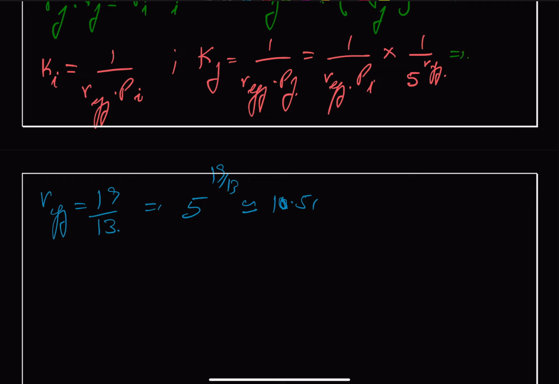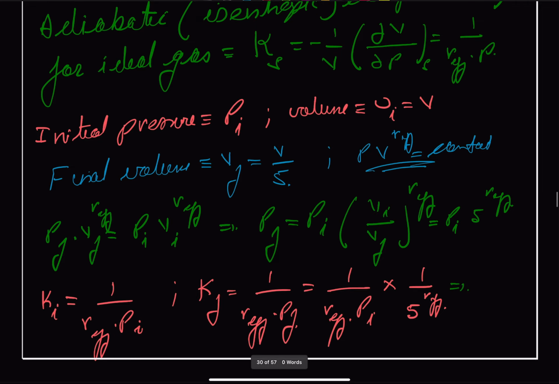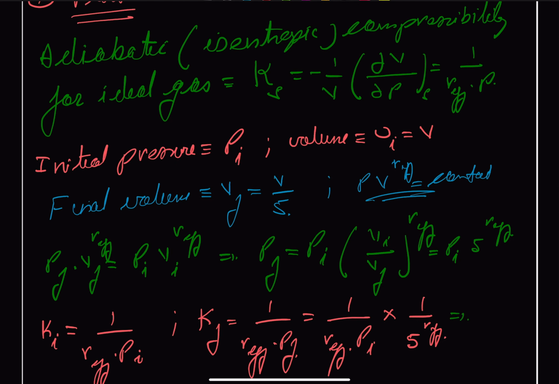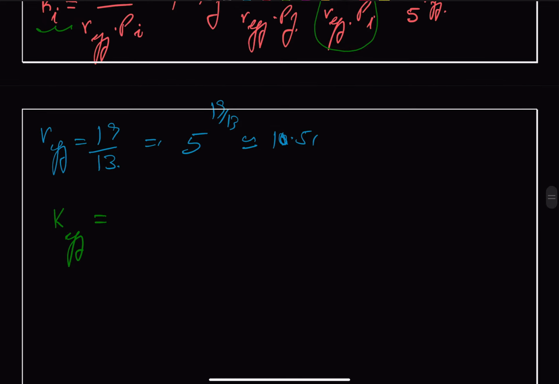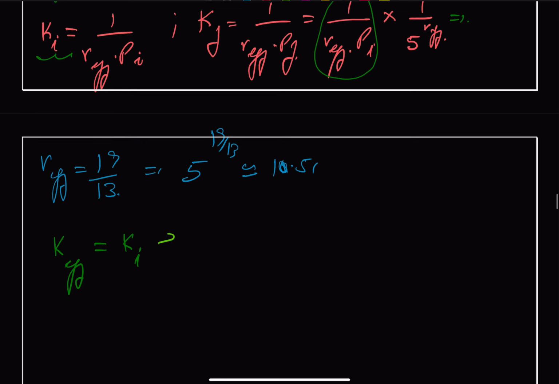I can write that kappa of F will be equal to kappa of I times 5 raised to power minus gamma effective, and from here I can say the change in compressibility will be equal to final minus initial, which gives us kappa of I, and I have here 5 raised to power minus gamma effective minus 1.